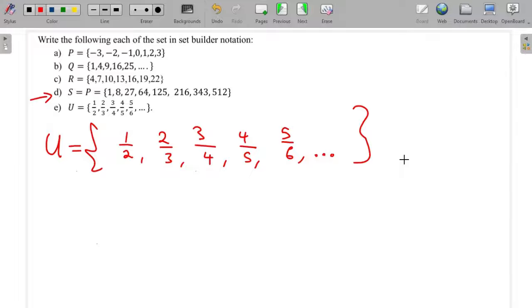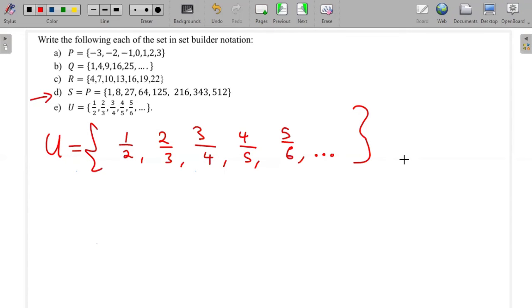So what pattern can we see on this set? Any pattern that we can see or notice? The numerators are increasing by 1 and the denominators are also increasing by 1. Okay, yes, that is true. Any other pattern or trend on these numbers? Come on, guys. Think.